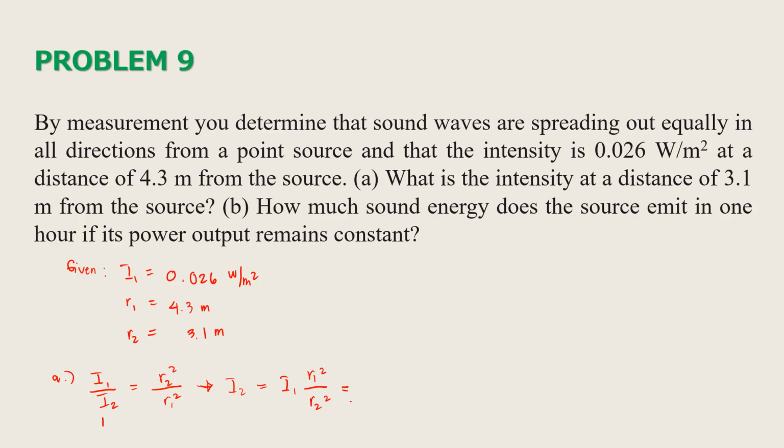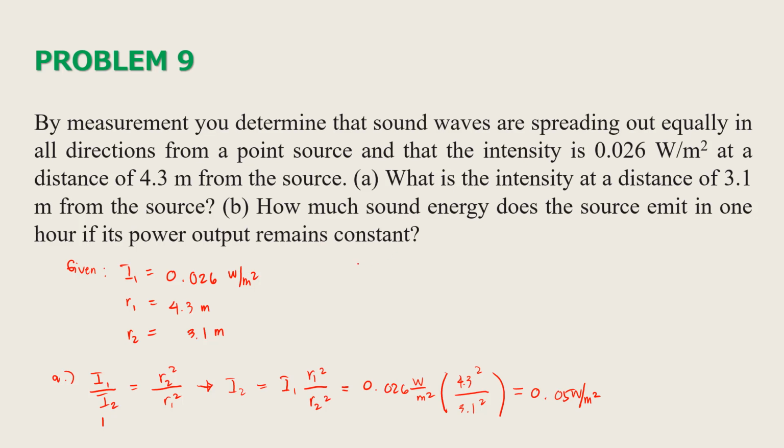So we have 0.026 watt per meter squared multiplied by R sub 1, 4.3 squared divided by 3.1 squared. So this is equal to 0.05 watt per meter squared.